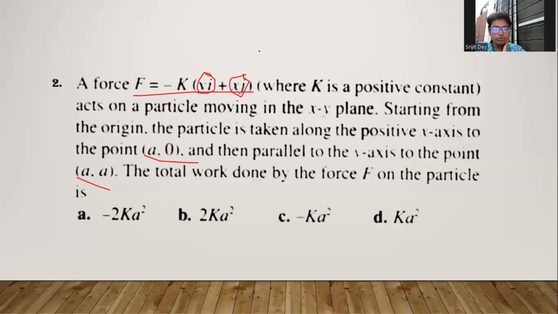So what you all need to do is you all need to take some ds, okay, which will be equal to dx i cap plus dy j cap. So from there, you will get the integral of F dot ds.